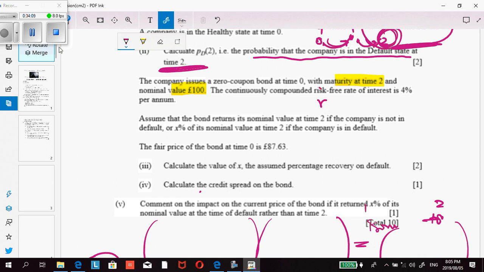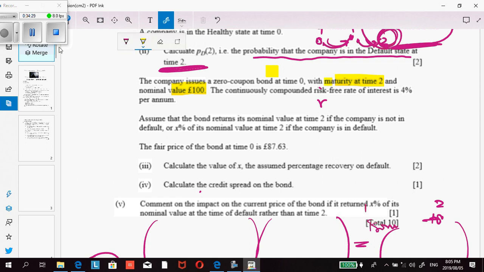So that's your R. Now, the next part here is the one which I find most people get confused by. And again, here we use the results derived in our 5-step method. Now, they are saying assume that the bond returns.